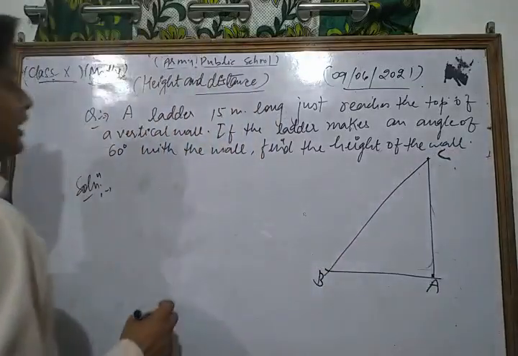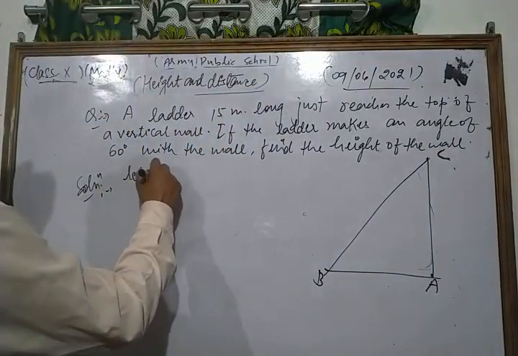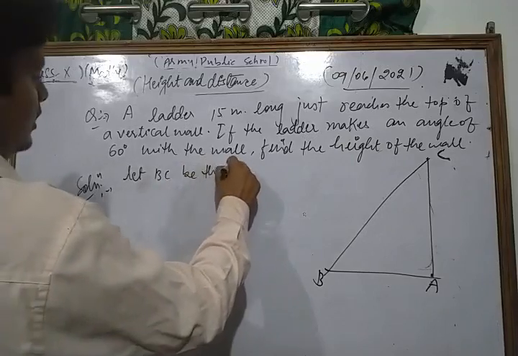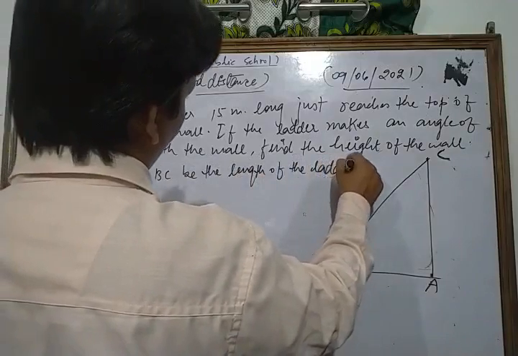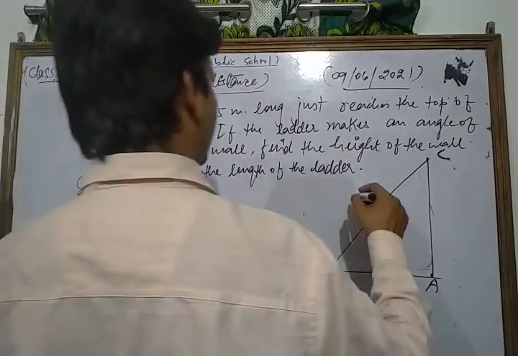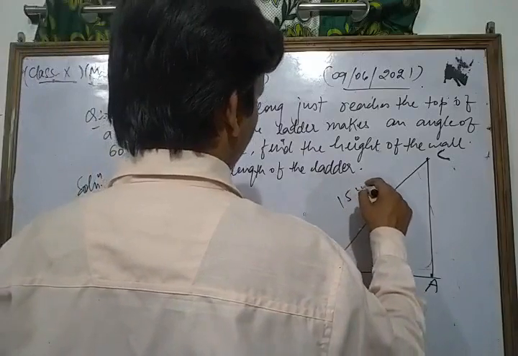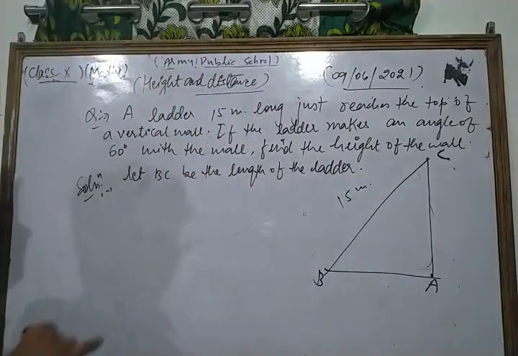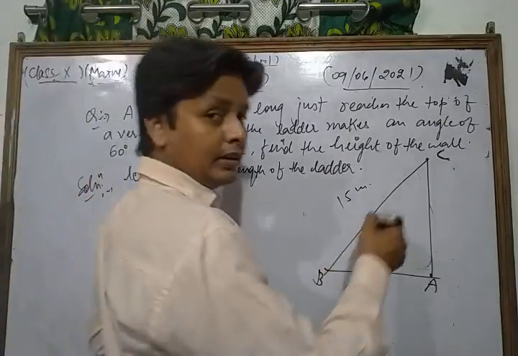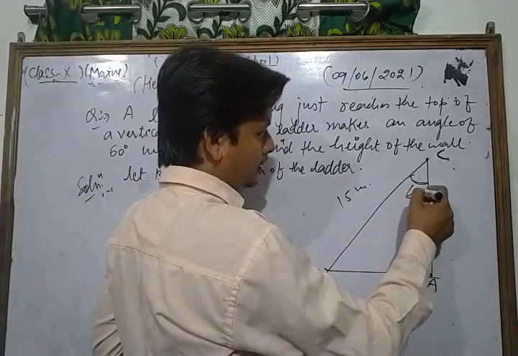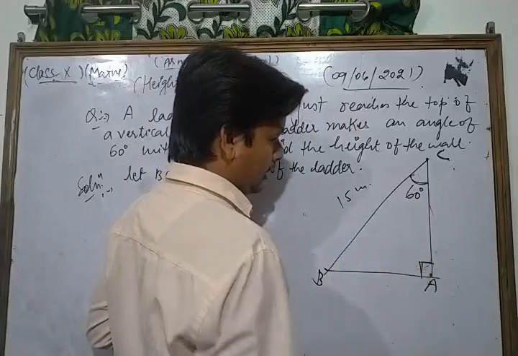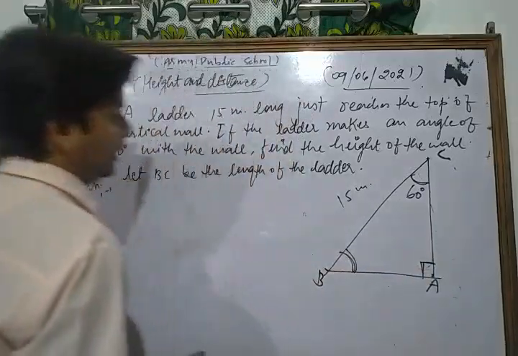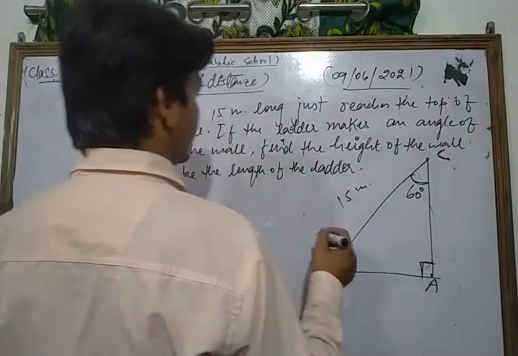Let BC be the length of the ladder, so BC is 15 meters. The ladder makes an angle of 60 degrees with the wall, and this angle is 90. First we find that angle, and then we find the height of the wall.